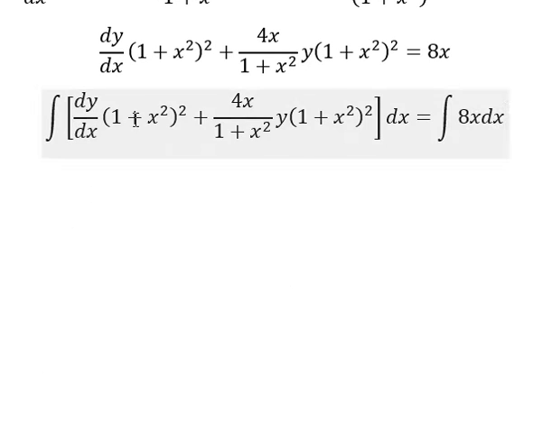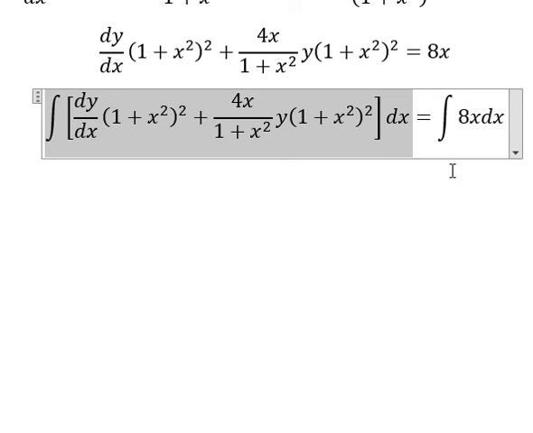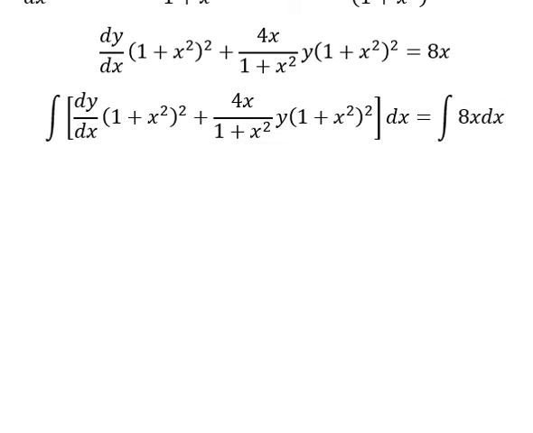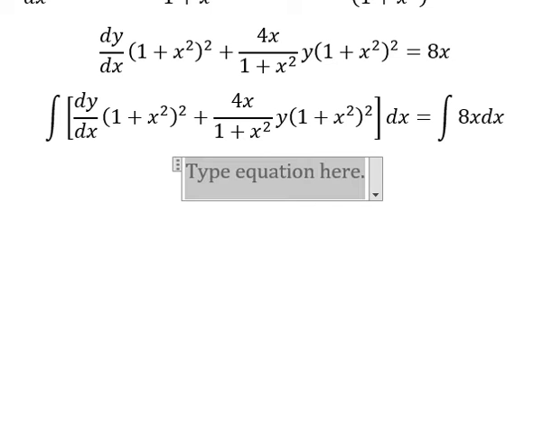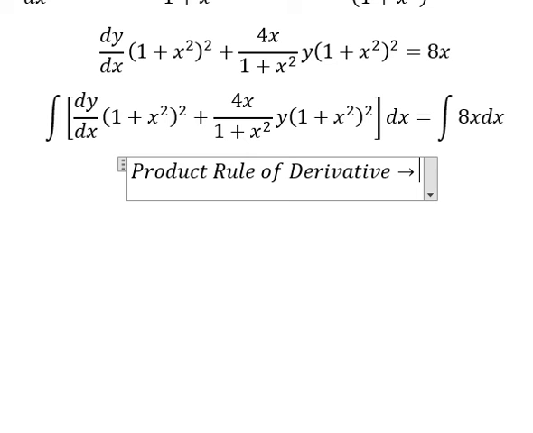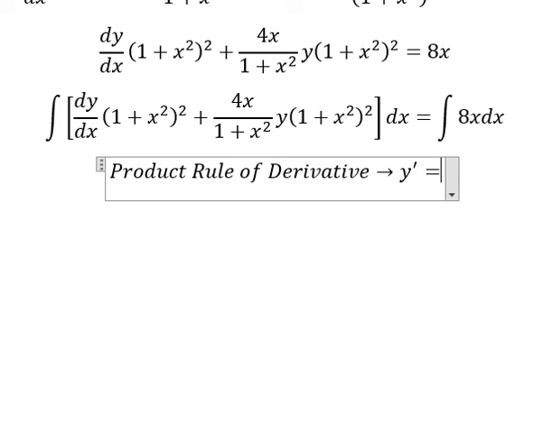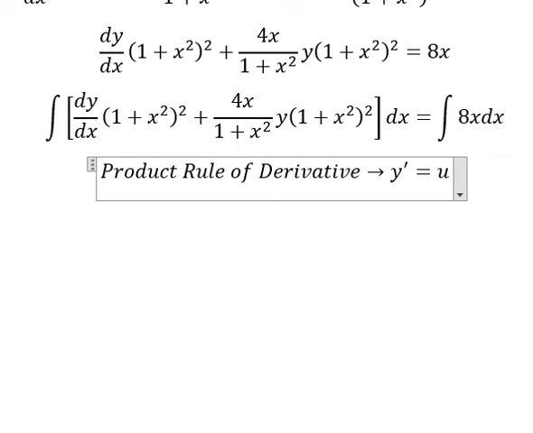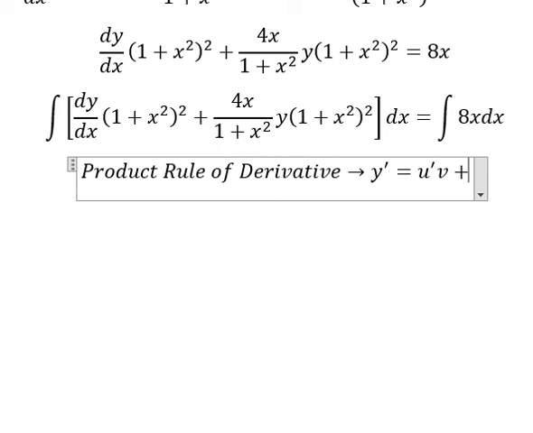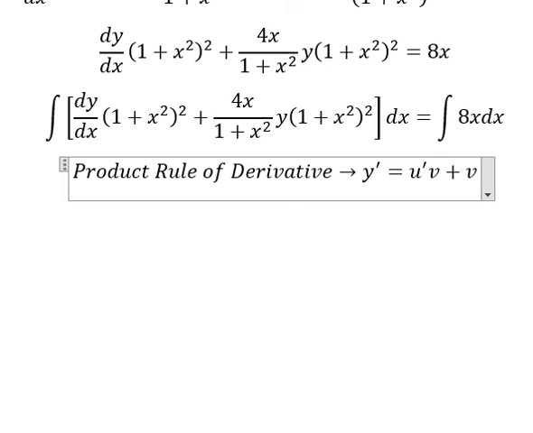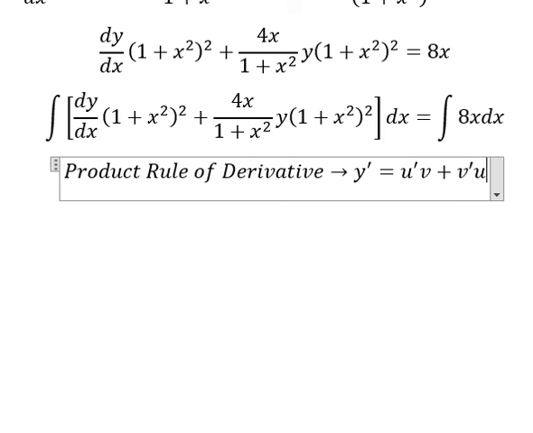So for the integration on the left, we can apply the product rule of derivative. That means the first derivative of y equals the first derivative of u multiplied by v, plus the first derivative of v multiplied by u.